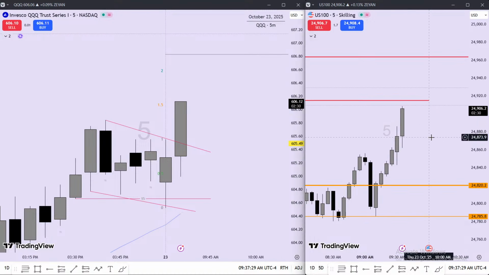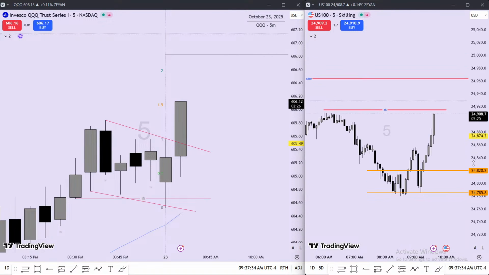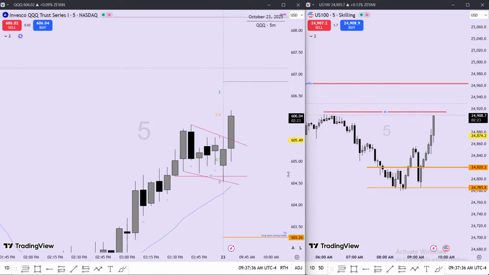I'll buy the close of this bar now. It's a strong enough bar to get a second leg.